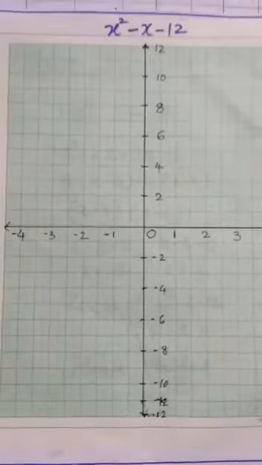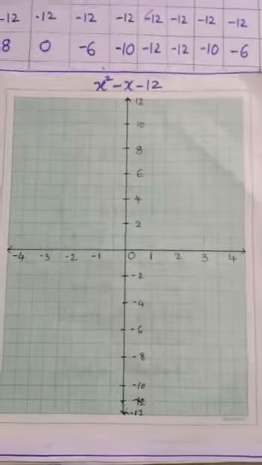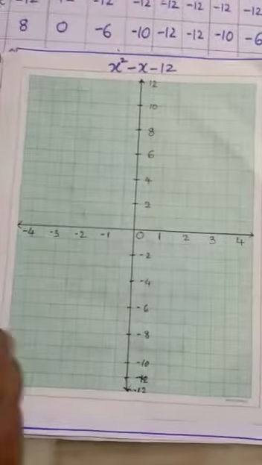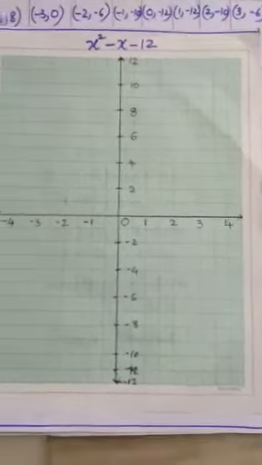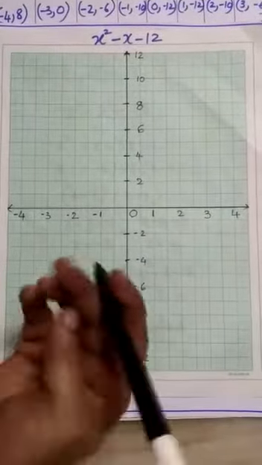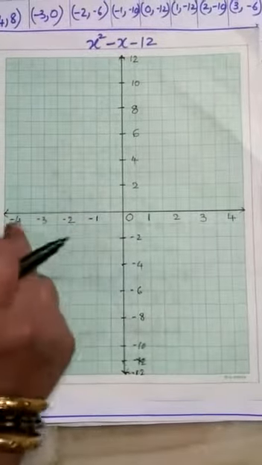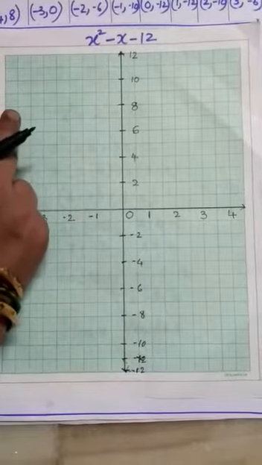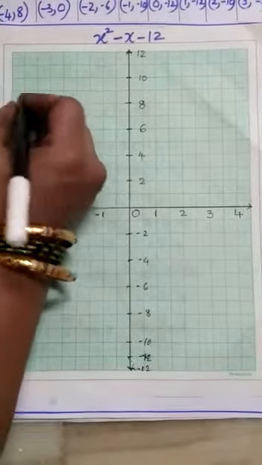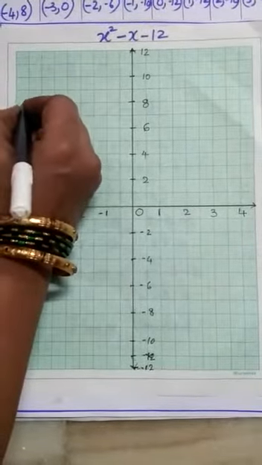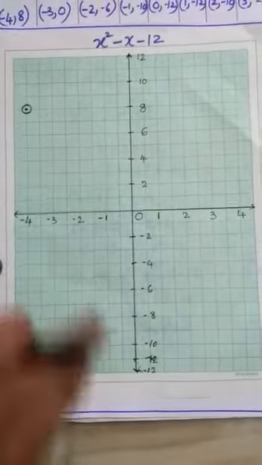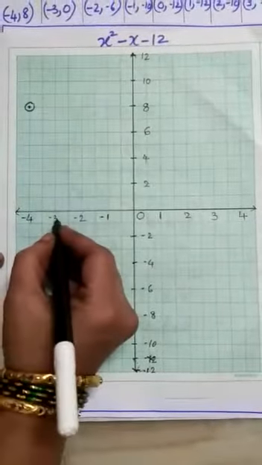Now, after writing all these, we must plot the points. The first point you observe is minus 4, 8. So x-axis minus 4 and y-axis plus 8. The coincident point is here, so mark a point and then circle it. Now, the second point is minus 3 and 0.